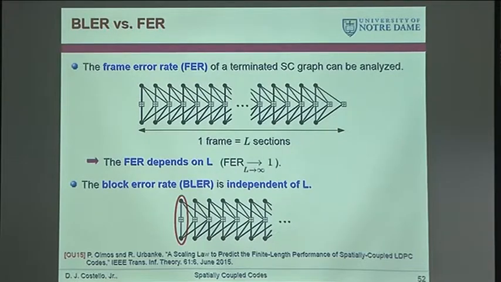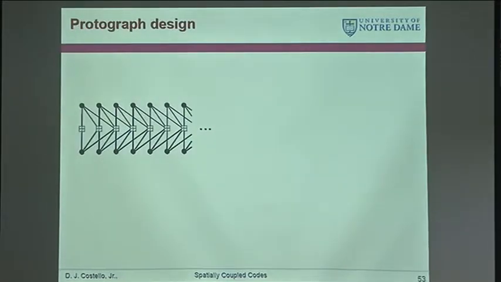So in lots of applications, it would be of interest to know the probability that each time we decode one of those blocks of 1,000 bits, we have some errors. Instead of just computing the bit error rate, why don't we compute the block error rate? So each time the window shifts, we have another block. So the viewpoint here is new. We've always just looked at bit error rate, and people keep asking us about block error rate, and this is the block error rate that makes sense to look at for these codes.